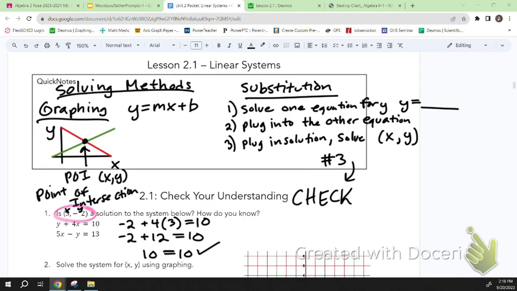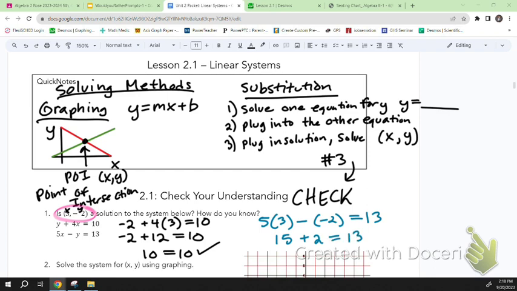So I'm going to replace x with 3. And be careful here, when I substitute a negative in, I need parentheses, so I'm subtracting a negative. That's going to turn positive. So now I've got 15 plus 2.